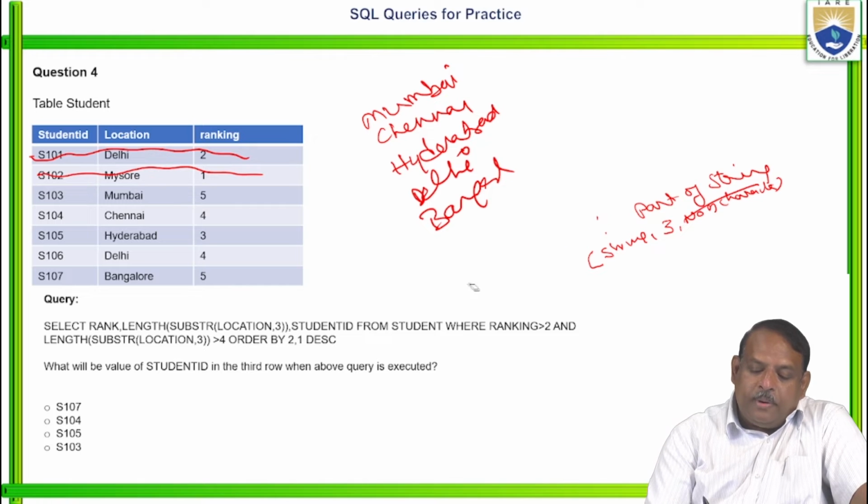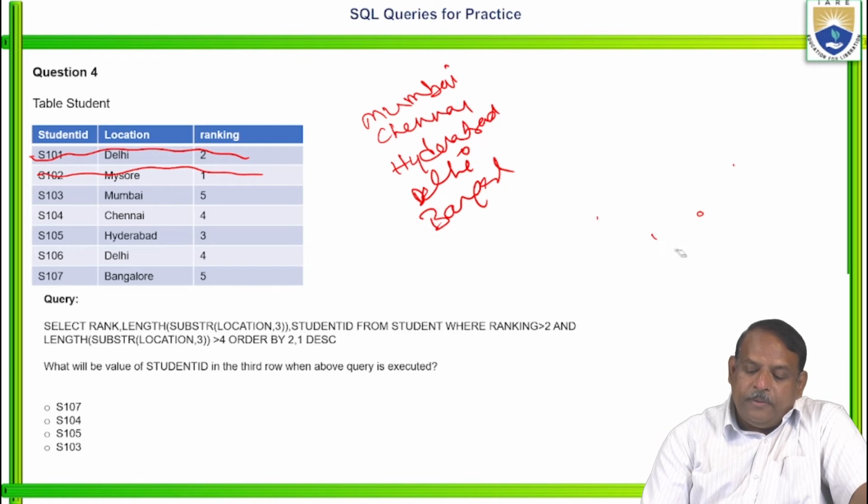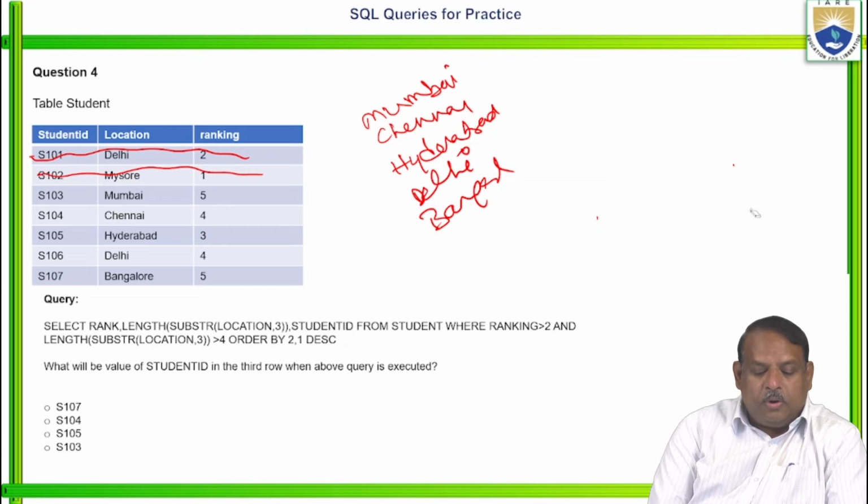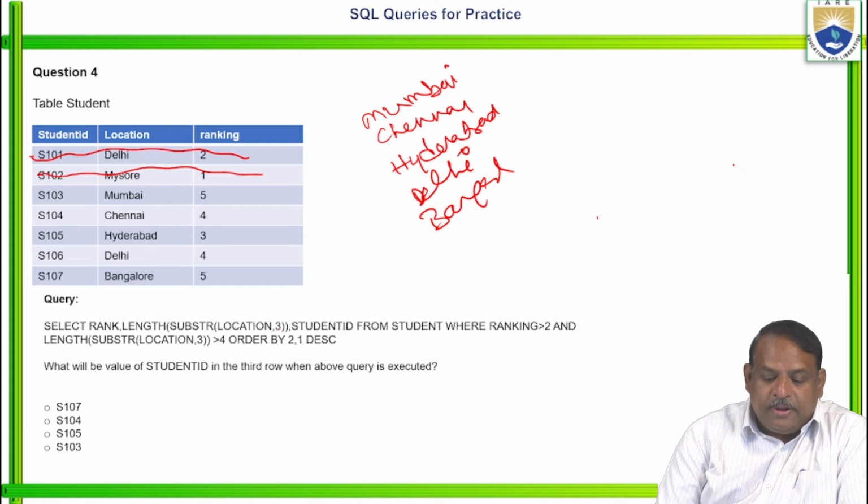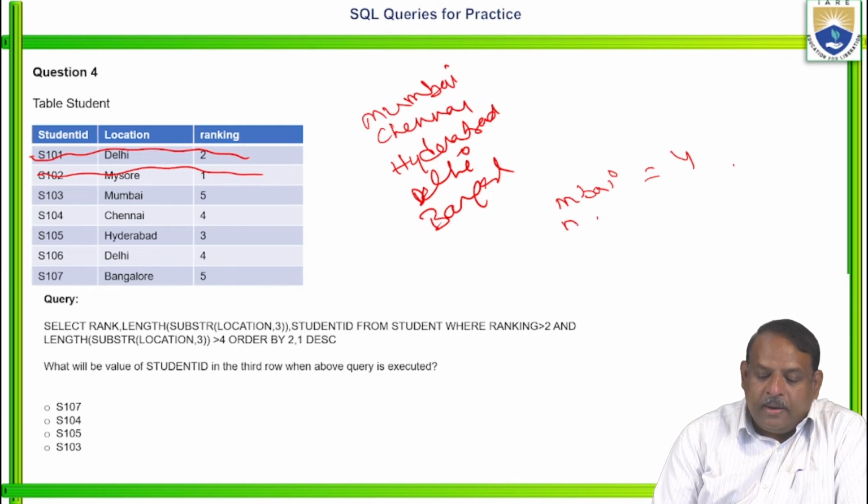Now we'll apply the substring for this location, 3. You have to start from 3 to end. So it is MBAI. Mumbai is 4. Next Chennai, NNAI. It is again 4. Next Hyderabad is ERABAD.